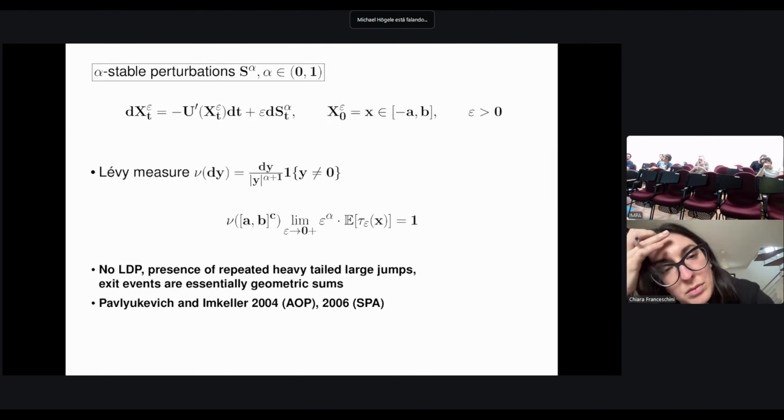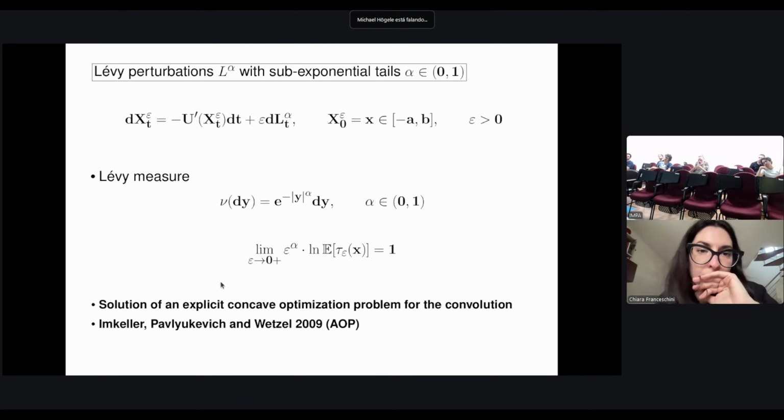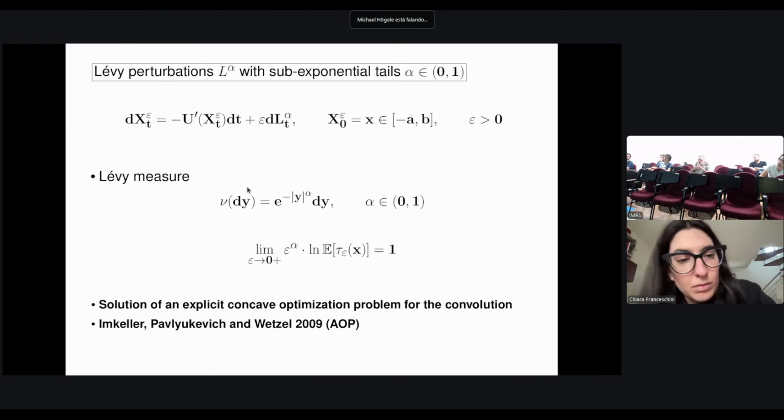So one could expect that there is maybe some kind of continuity even for the exit times. This was one of the questions a PhD student of Peter Högele had to work on, and this was Thorsten Wetzel. I'm going to talk about him a bit later. And he looked for Lévy measures which have these kinds of densities.